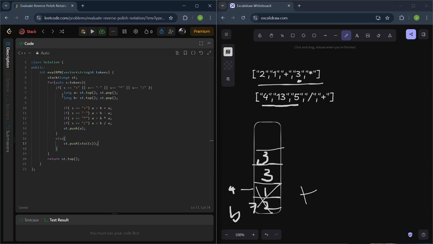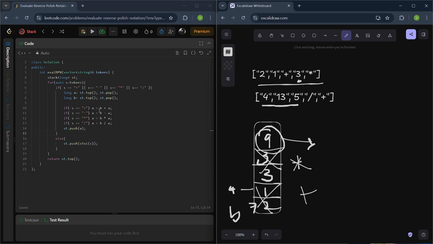After that we come up with an operator, so this if operation will run and multiply the top two values, considering them as a and b. At the end, as per the loop, it is again going to insert the answer in this stack, and we will output the top value. Whatever is in this stack, we output as the answer.